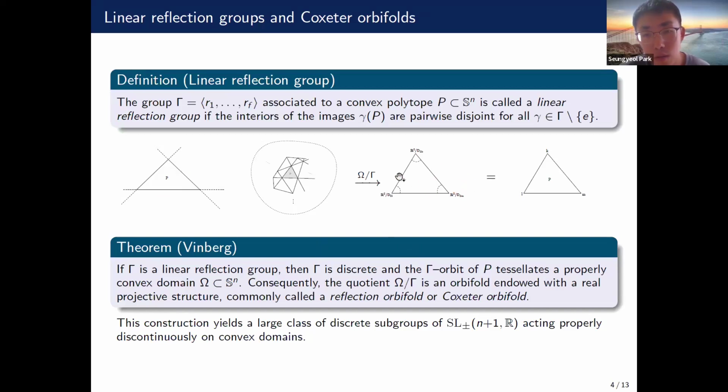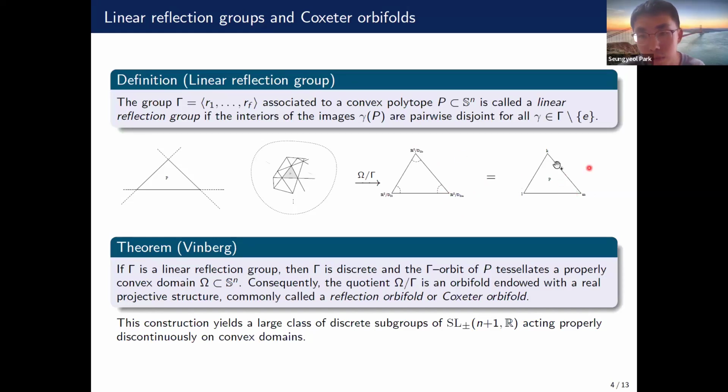For example, on each point on the codimension-one face, the local stabilizer group is Z mod 2Z, and for the codimension-2 face, that corner is homeomorphic to R2 divided by the action of the dihedral group of a certain order. For the Coxeter orbifold setting, those integers defining the dihedral group essentially give us the whole information on the orbifold.